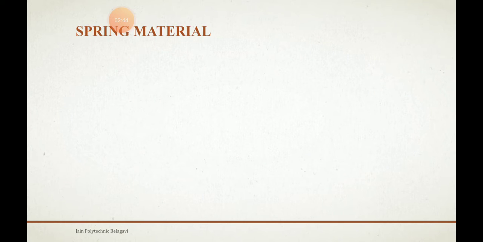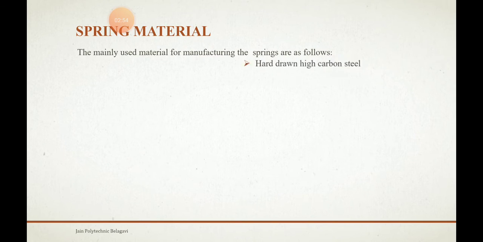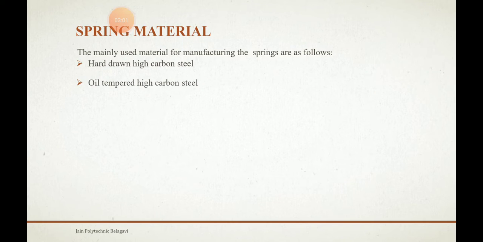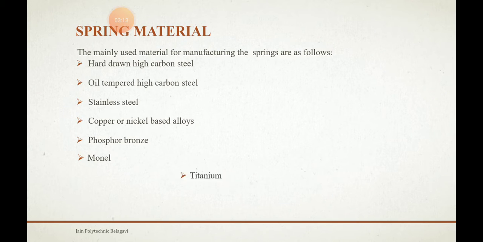Next, we'll discuss what types of material are used for the manufacturing of springs. These are some of the materials we are going to use: hard drawn high carbon steel, oil tempered high carbon steel, stainless steel, copper or nickel based alloys, phosphorus bronze, monel, titanium, and chrome vanadium.